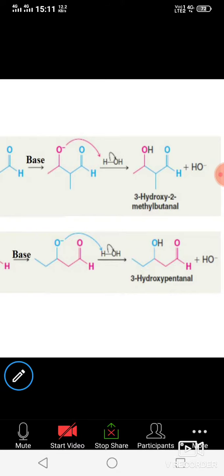So depending upon which structure is forming the enolate ion, you will get two different products. When propanal forms the enolate ion, you get one product. When ethanal forms the enolate ion, you get a different product. Both have alpha hydrogen, so both are capable of forming the enolate ion.